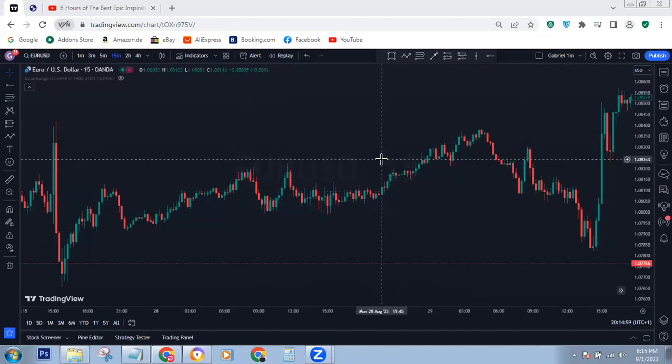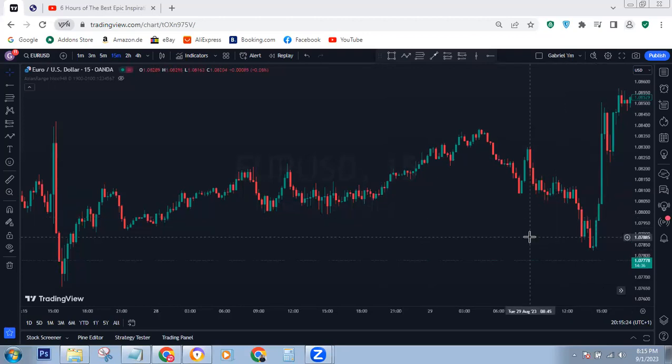Now, I told you something yesterday about doji. Someone said I should explain more about doji. That is what I want to do now. We had some of those candles which we spoke about yesterday: doji and engulfing candles.